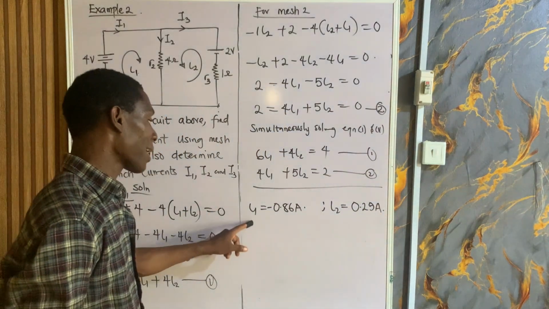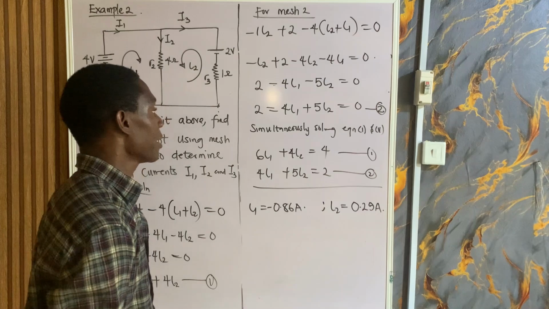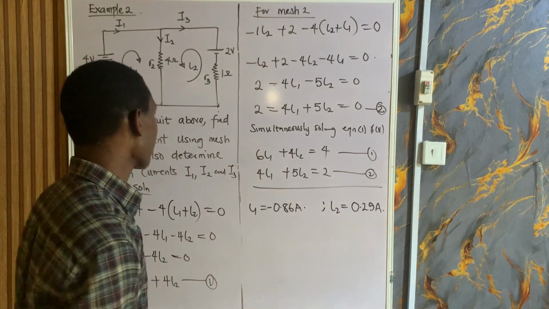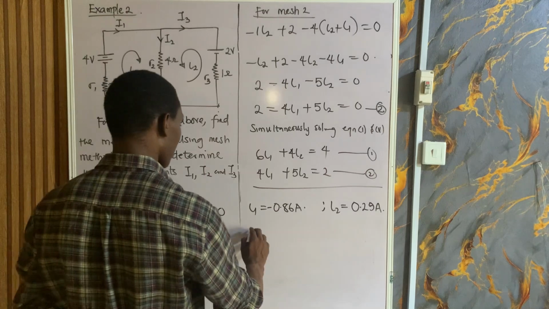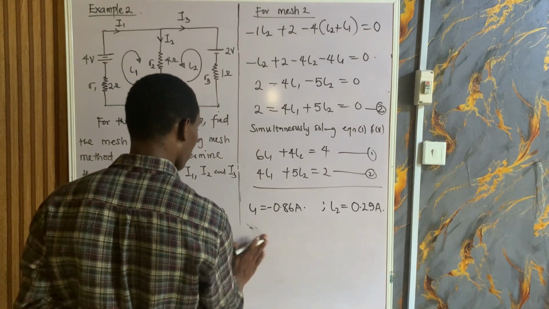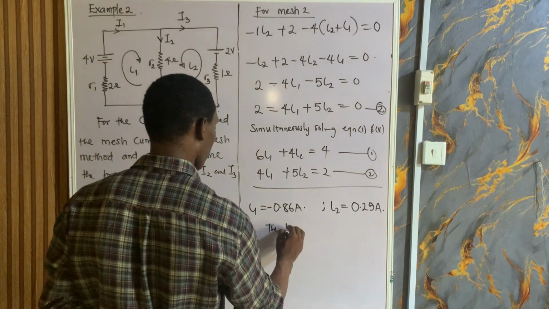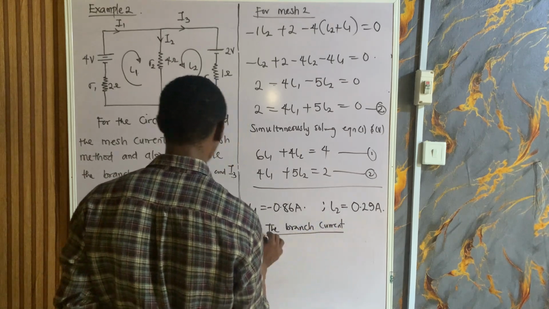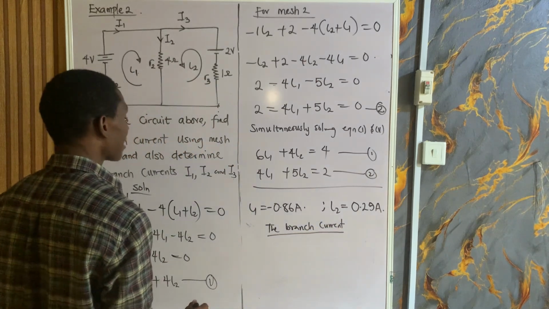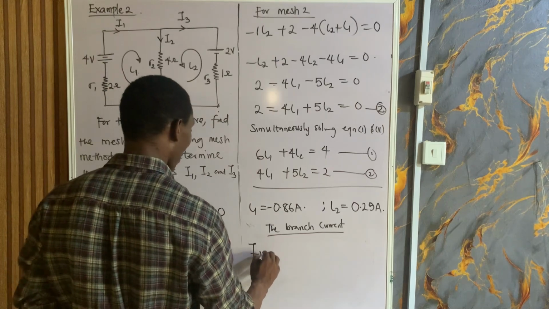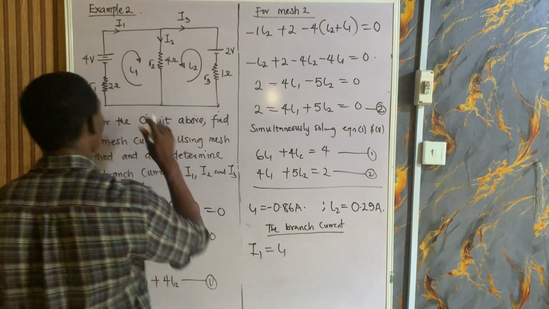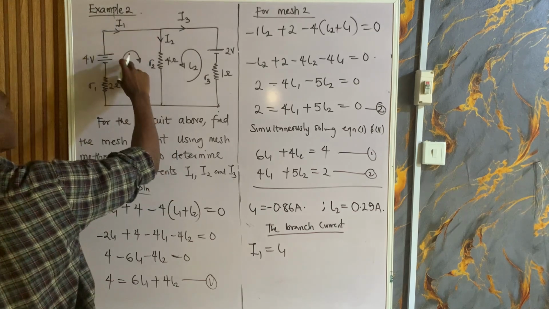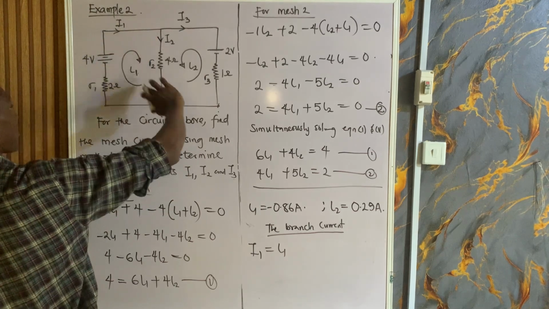So I've gotten my I1 and I've gotten my I2. The next thing to do here now is to get our branch current. We can tell that our capital I1 has the same value as the small I1, because this capital I1 flows here and here and here, and then this small I1, this mesh current, flows here too.